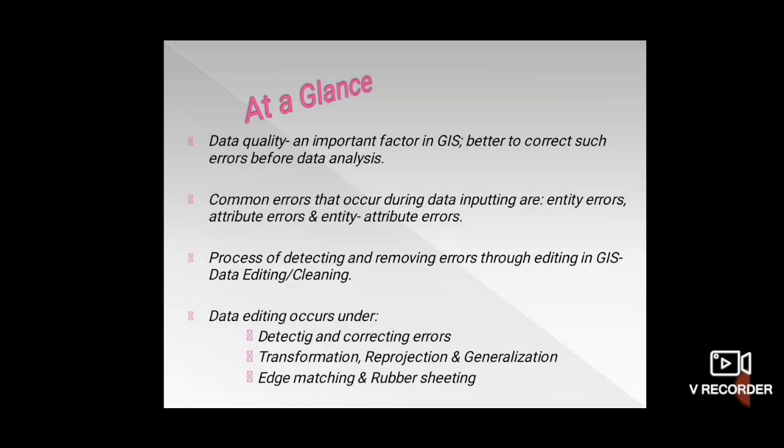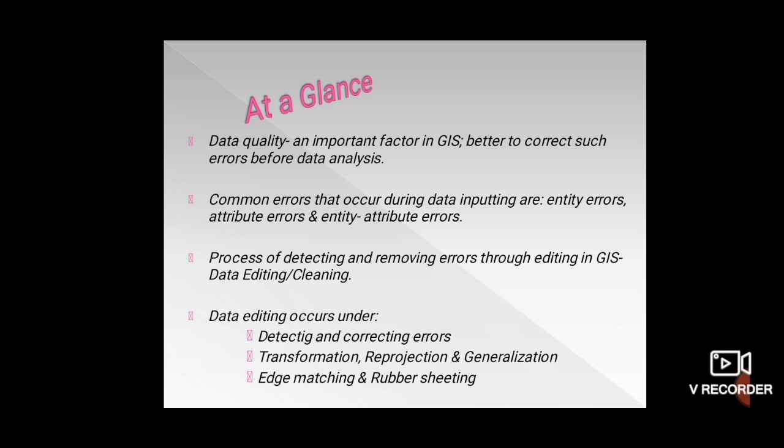So with this, the common errors and data editing in GIS has come to an end. We will just go through a quick glance of what we have seen in today's session. Data quality is an important factor in GIS.